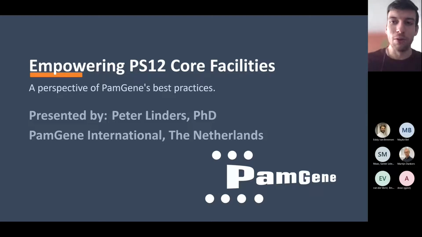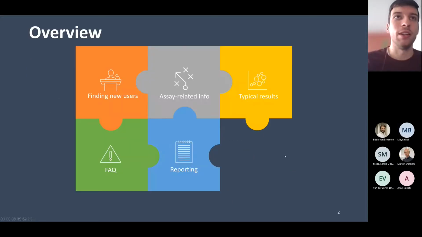So to give you an overview of what I'm showing you this session, you can see that on this slide. So we'll start by talking about how to find new users for the platform, as well as some more specific assay-related info. So you can think about optimizations for your experiments or how to design your experiments properly.